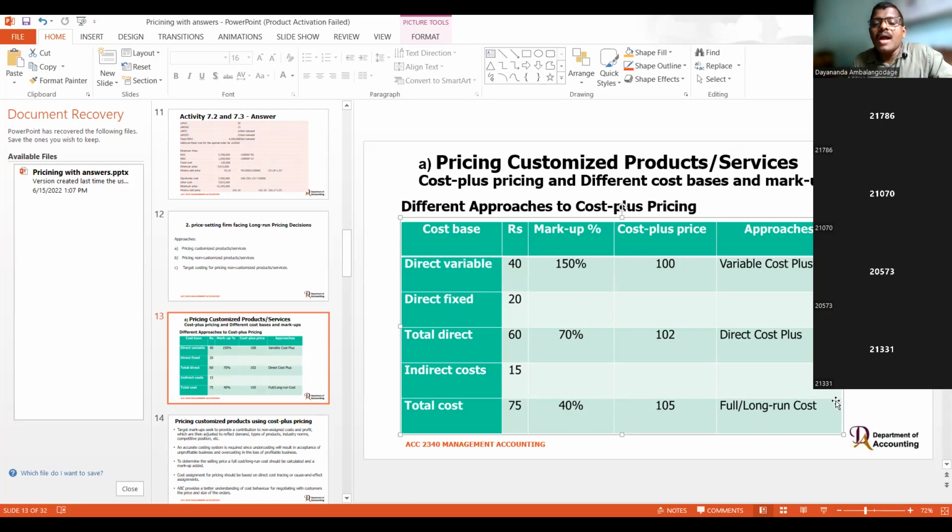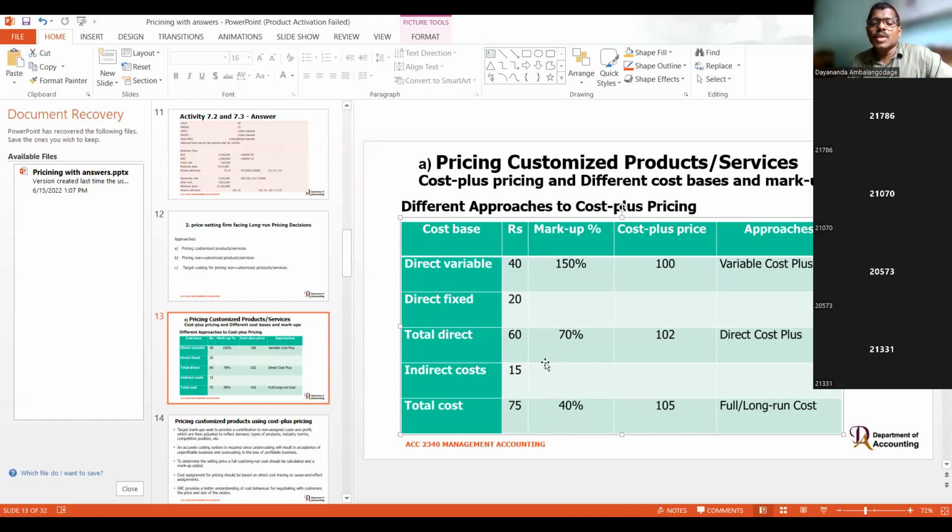So this markup here, 150%, is a little bit larger when compared with 40%, because here in the variable costing you didn't consider your fixed cost. So thereby you need a little bit larger markup to cover up even your fixed cost.